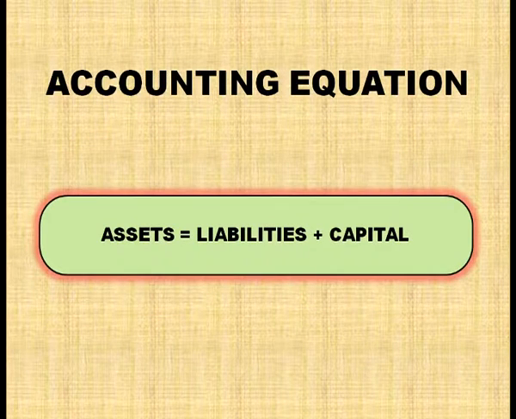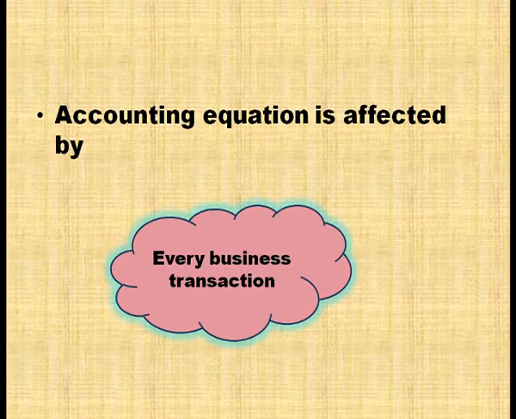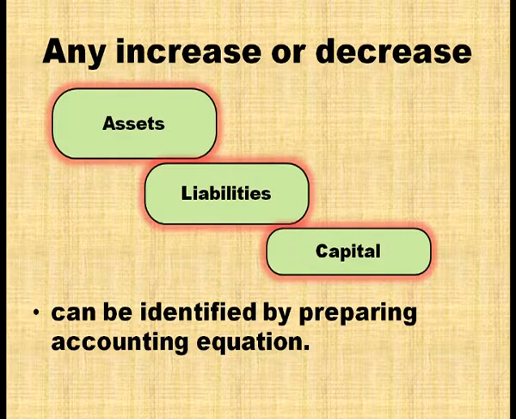Once again, accounting equation is expressed: assets equals liabilities plus capital. Accounting equation is affected by every business transaction. Any increase or decrease in the assets or liabilities or capital can be identified by preparing accounting equation.